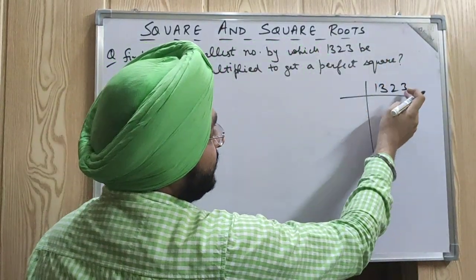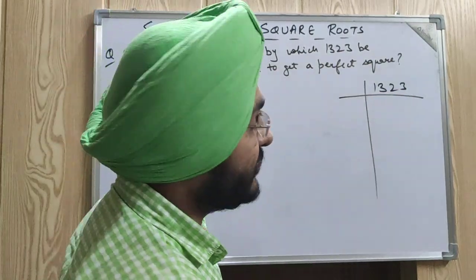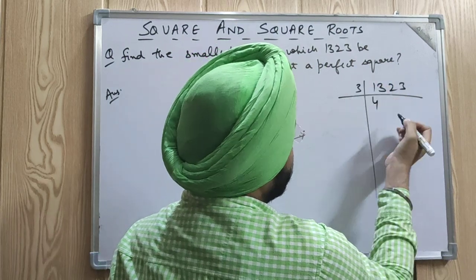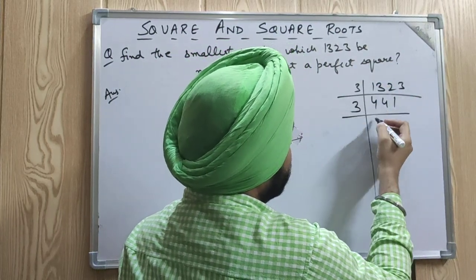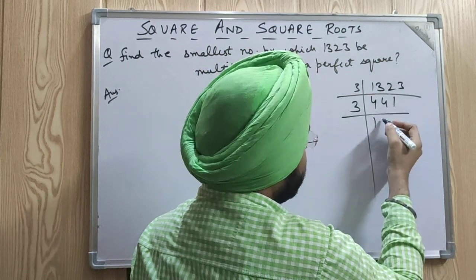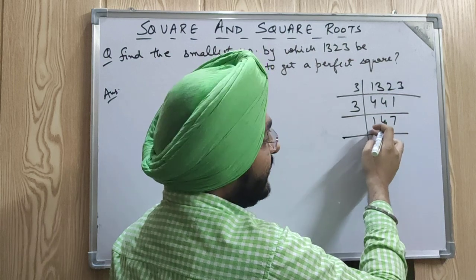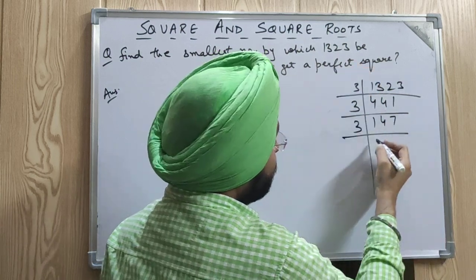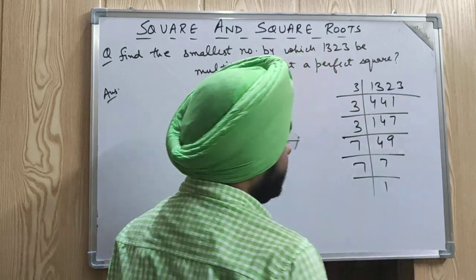So now 3 plus 2 5, 5 plus 3 8, 8 plus 1 9. So I am using the divisibility test of 3 here. So 3 4 12, again 12 and 1. Now again with 3, 3 1 3, 14, 3 4 12, 21, 7. So now 7 plus 4 11, 11 plus 1 10. Again with 3. So 3 4 12 and so I can say that will be going with 7 now.